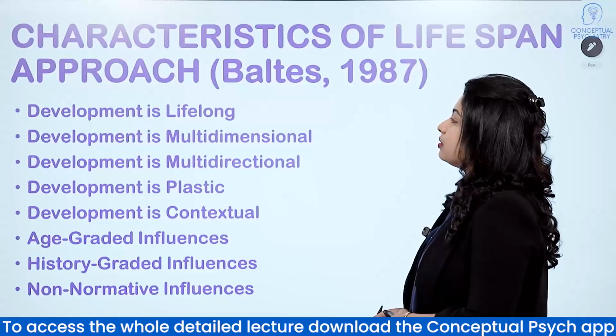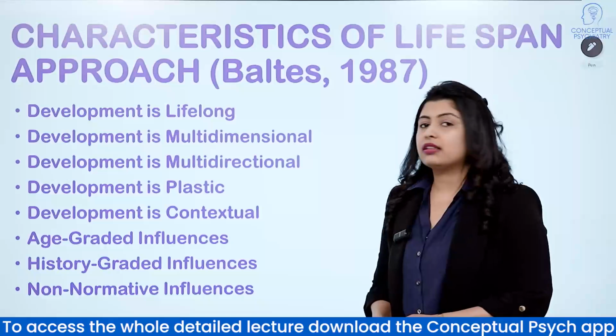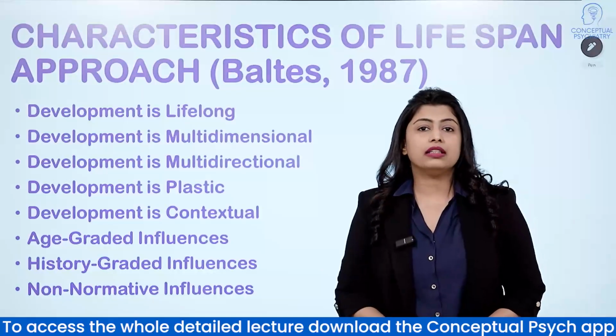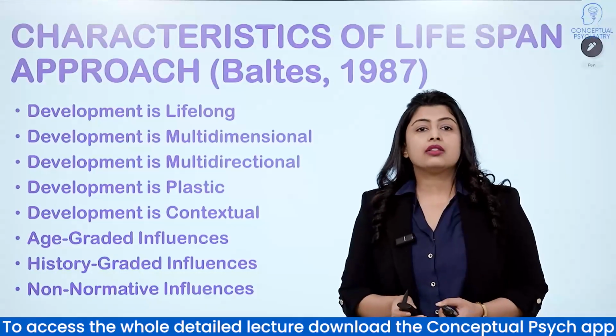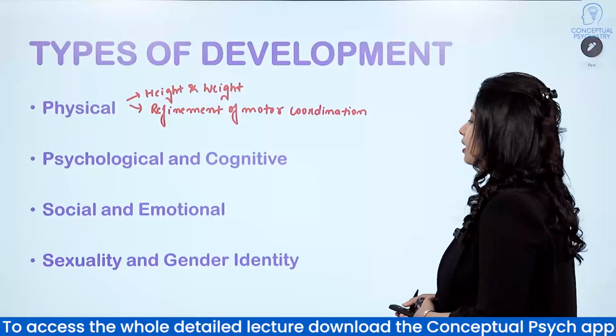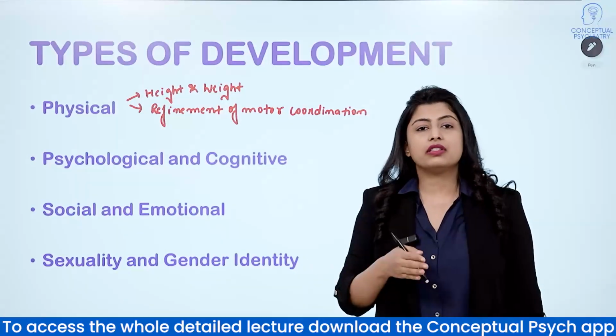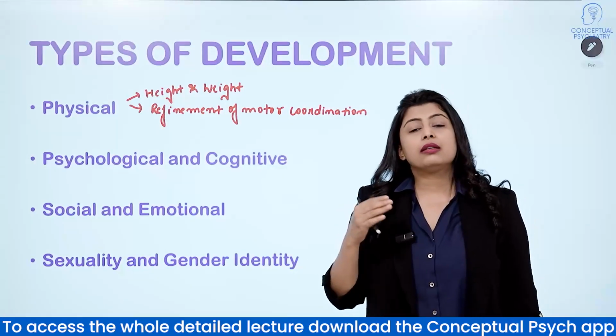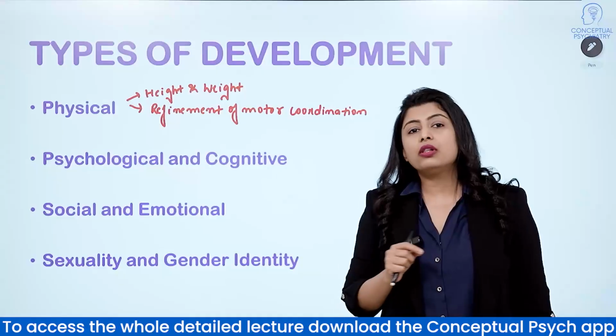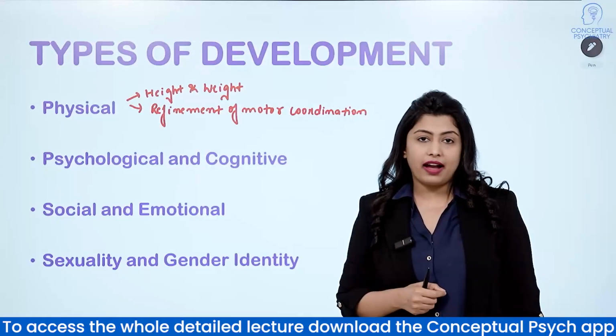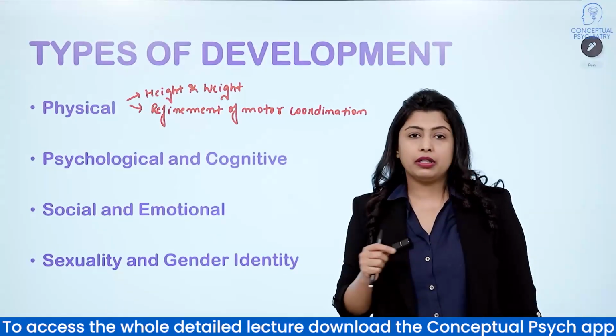There are also certain forces that are involved in development. The first force we are going to look at is the biological force. The biological force includes all the genetic and health related factors that influence the development of a child.